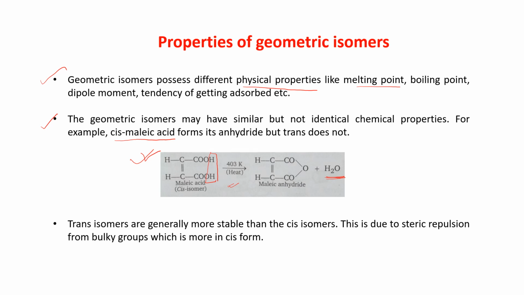It is possible with the cis form, but it is not possible with trans maleic acid. Now, trans isomers are generally more stable than cis isomers. This is due to steric repulsion from bulky groups, which is more in the cis form.